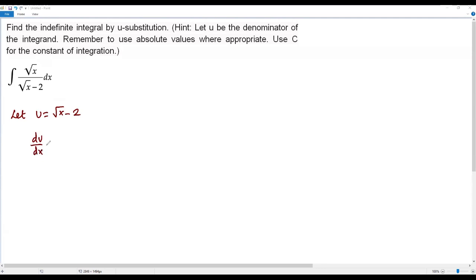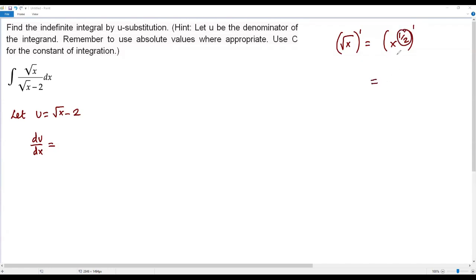Now we have to get the derivative of this square root of x, so we can do it separately. Let me consider the derivative of square root of x, that is square root of x prime. Before we find the derivative, we have to write the square root as an exponent. Then I'm getting x to the power of 1/2. Now to get the derivative of x to the power of 1/2, I can use the power rule of derivative.